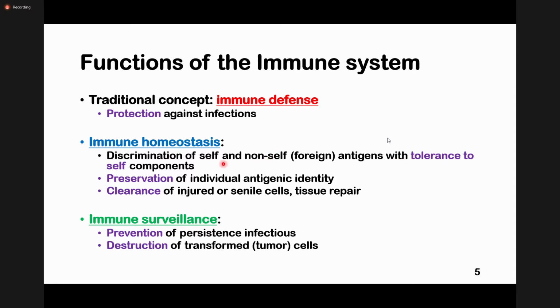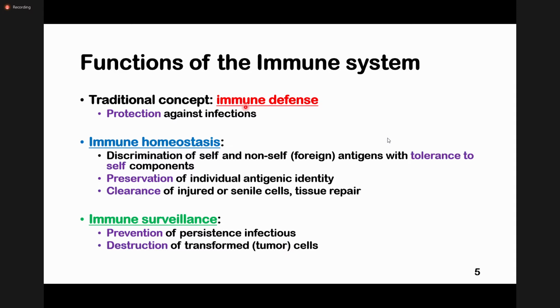But there are other situations where our immune system performs surveillance, like if there is a persistent infection or tumor cells. This is also how the immune system behaves, by watching out for infection or any tumor cells. So basically it does the concept of defense.